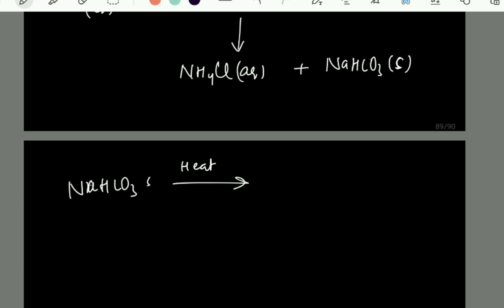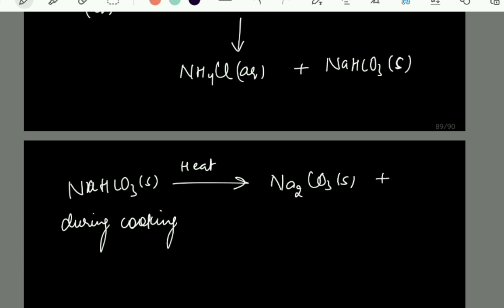It's solid, so it's going to form sodium carbonate, soda ash, commonly called washing soda, water in the liquid form, and carbon dioxide in the gaseous form. So this is the reaction which is taking place during cooking.